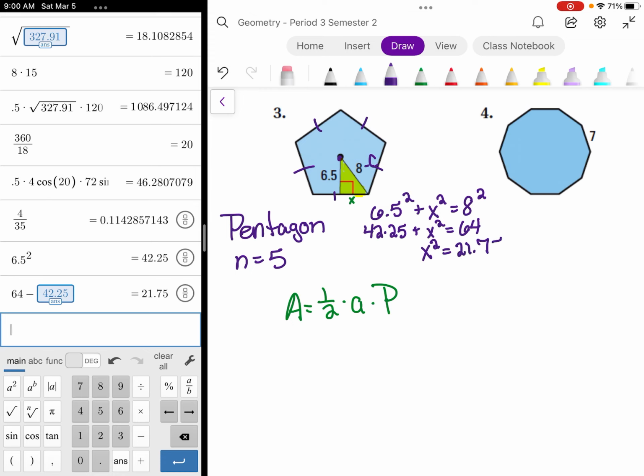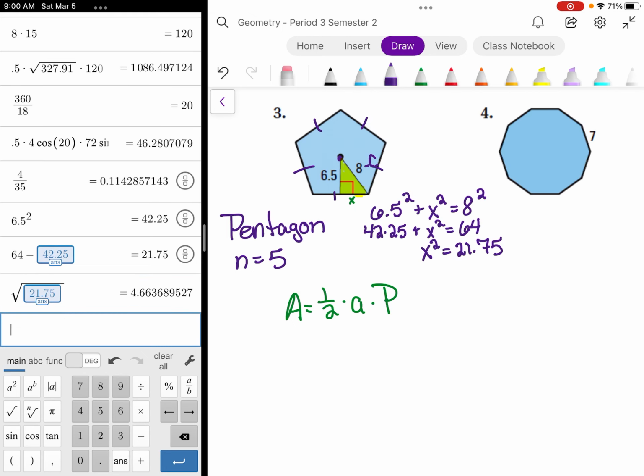And we can see if there's a square root of that, and that one's rounded, so we're just going to leave our answer as the square root of 21.75. So we're not rounding multiple times.